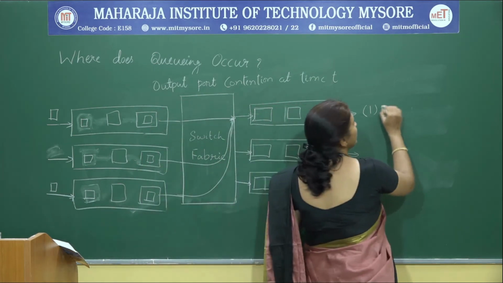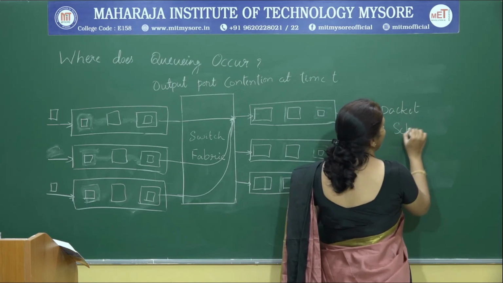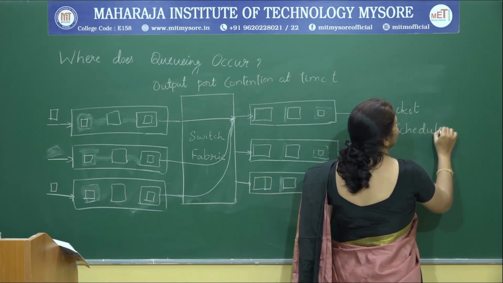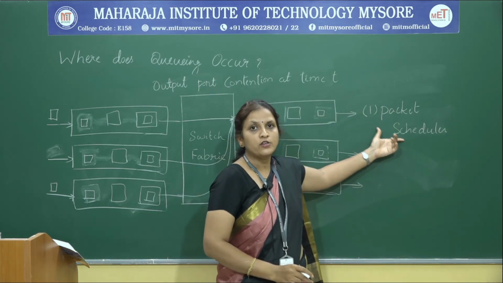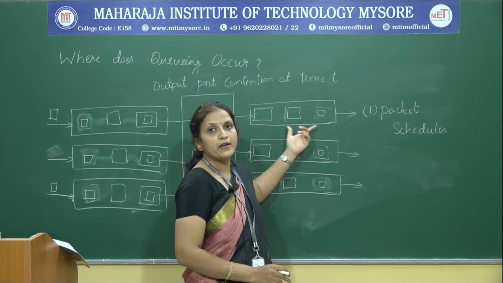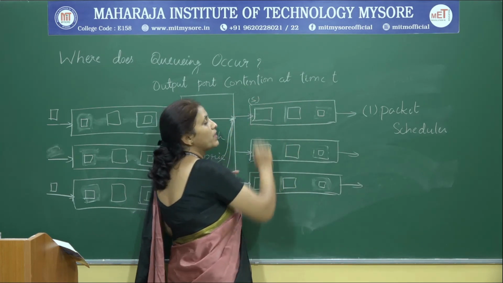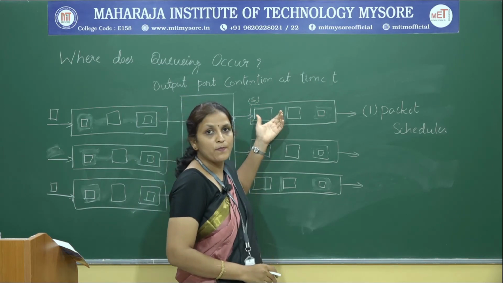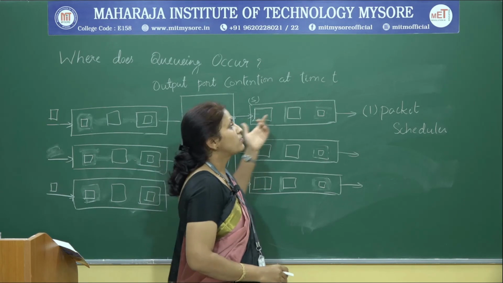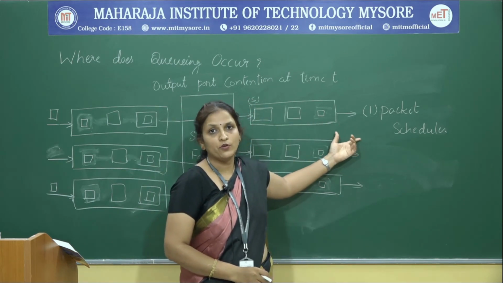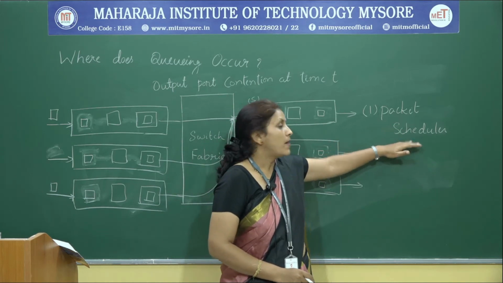So, the packet scheduler, which resides at the output port line, has the duty to decide which packet among the queued 5 packets needs to be picked next in order to transmit it through the output line. That decision needs to be taken care of by the packet scheduler.